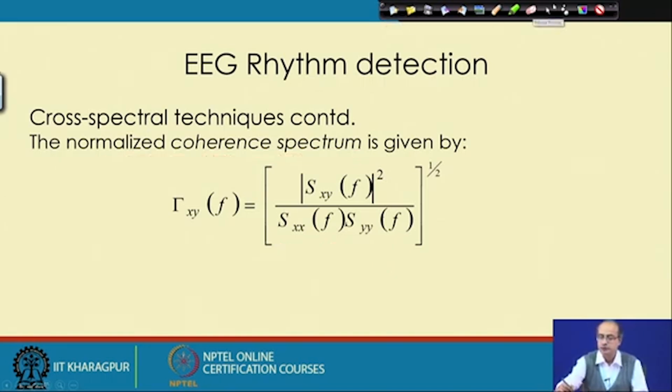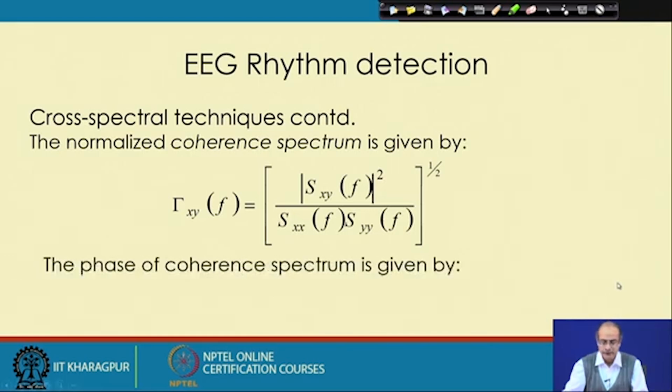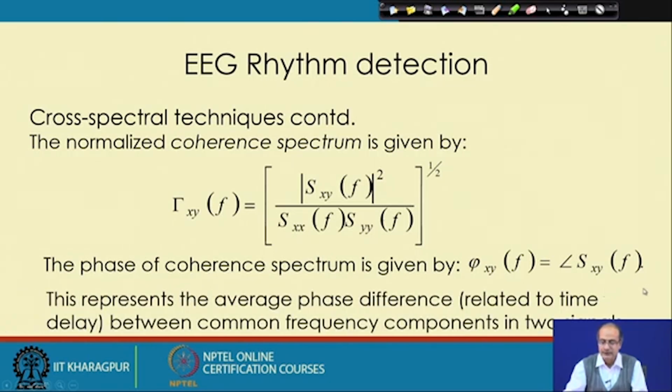In the same way, we can look at the phase of the coherence spectrum, which is given by the phase of SXY, and it talks about the average phase difference between the two signals x and y.